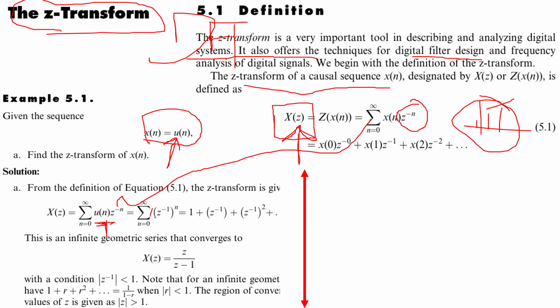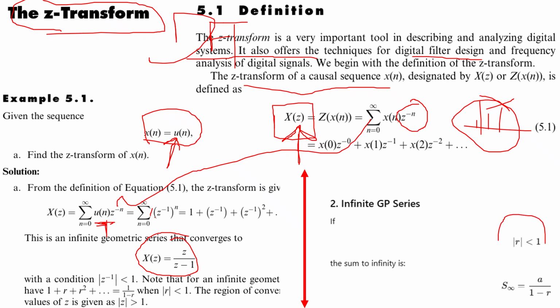Now, why are we writing z to the power minus 1? Shortly, you will see. So we can write 1 plus z to the power minus 1 plus z to the power minus 1 whole squared, like that, and then finally, after adding, you will get this value. How will you get this value? For a GP, if the magnitude of r is less than 1, then S infinity is equal to a divided by 1 minus r.